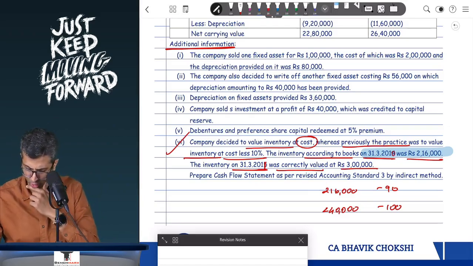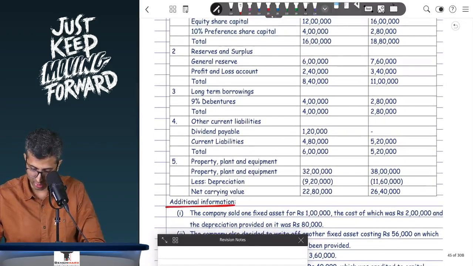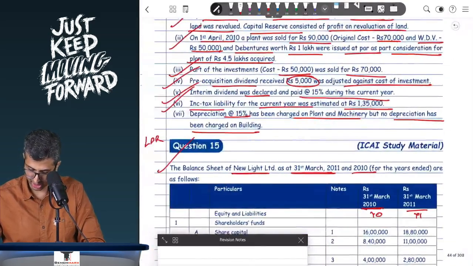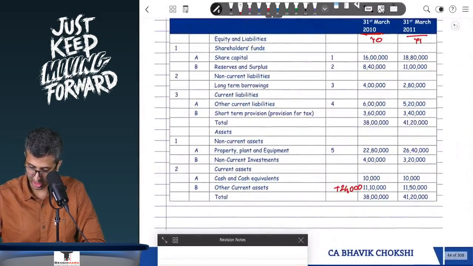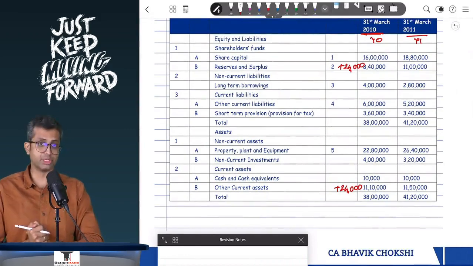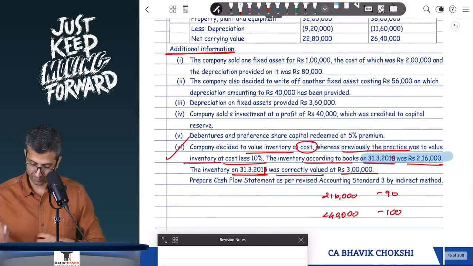And as a result, over here, we will have to make an adjustment in 2010, whereby we will increase the inventory by 24,000. I don't see a breakup over here, so we'll take 24,000 directly against other current assets. And secondly, आपके जो reserves है starting में, they will also increase by 24,000. So your entire updated working will be based on 8,64,000 of reserves as well as 11,34,000 of other current assets. Okay.